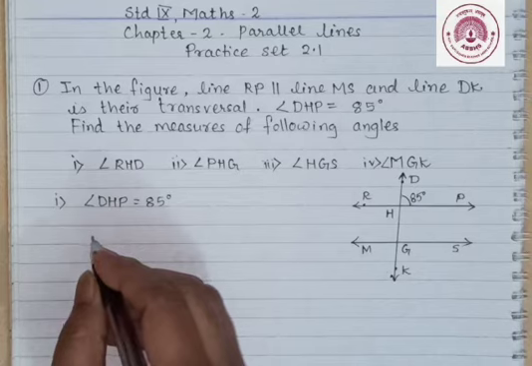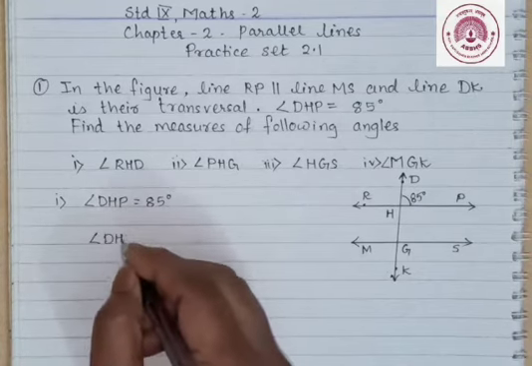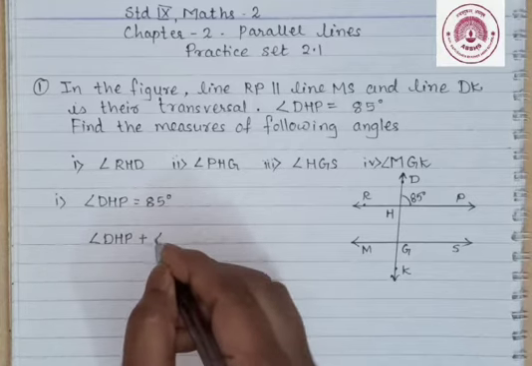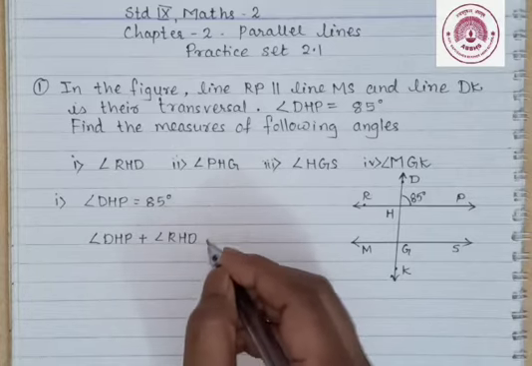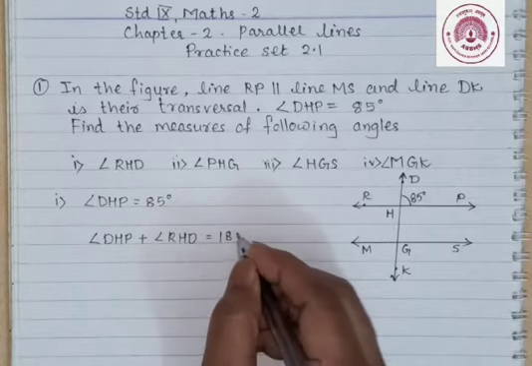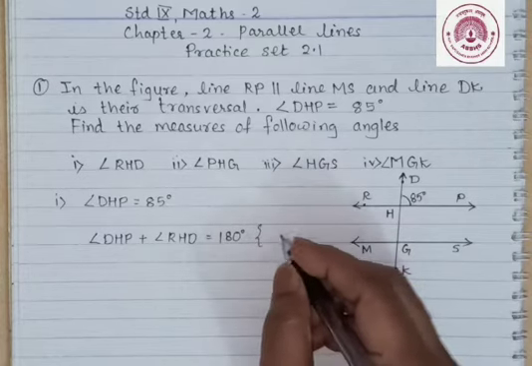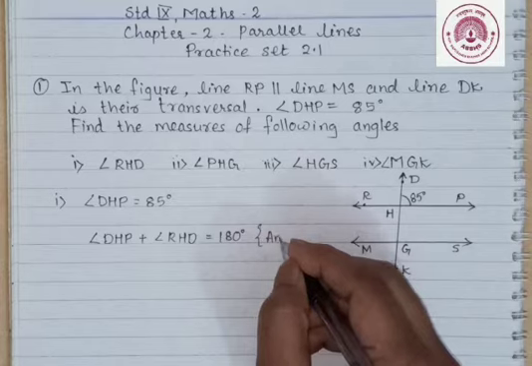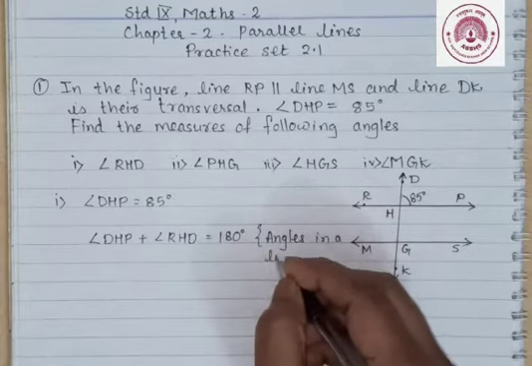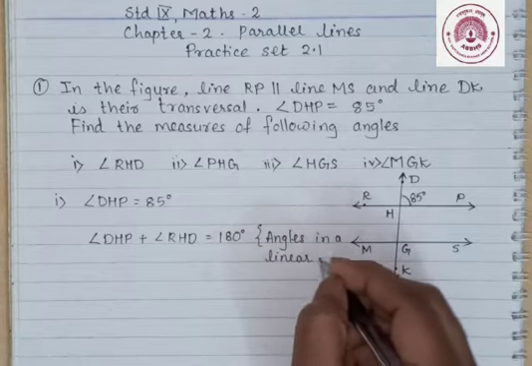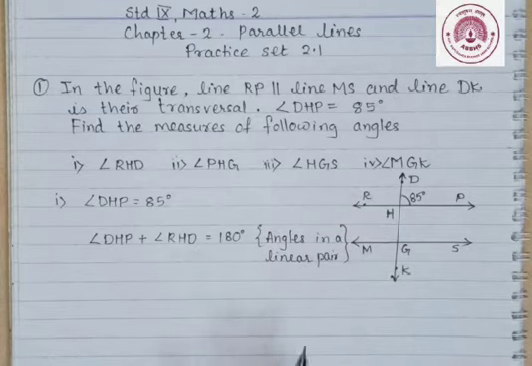So we can write angle DHP plus angle RHD is equal to 180 degrees. What is the reason? Angles in a linear pair. Okay, so this is the reason.